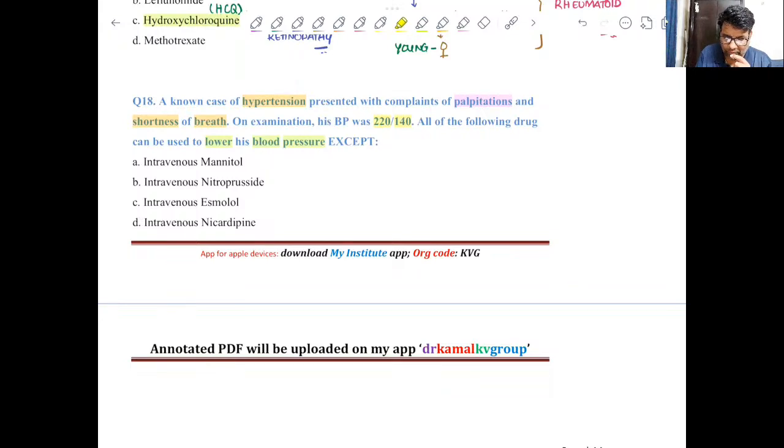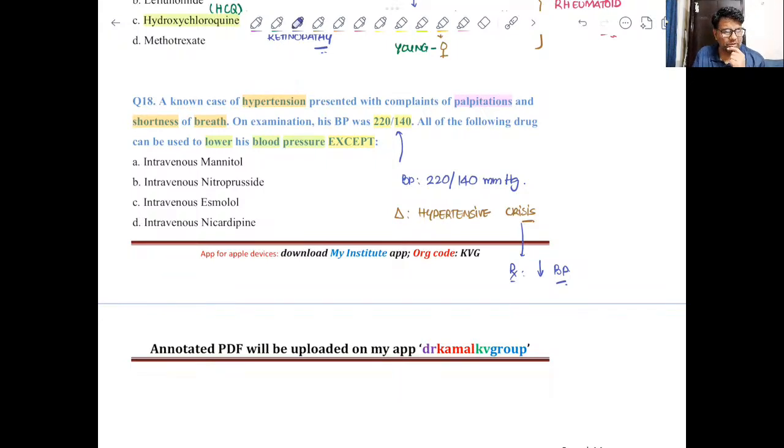But out of the following four options, which is of no use or which is not indicated here in managing the blood pressure? So the blood pressure is obviously high, 220/140. So obviously this is a case of hypertensive crisis, and the management is to reduce blood pressure.